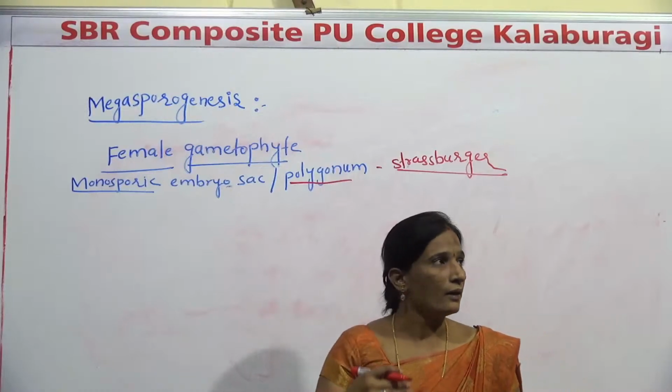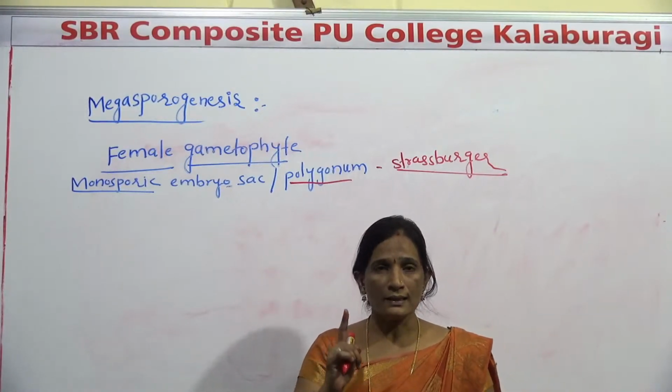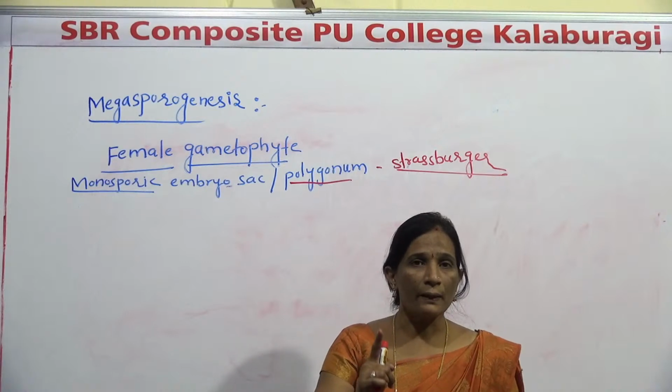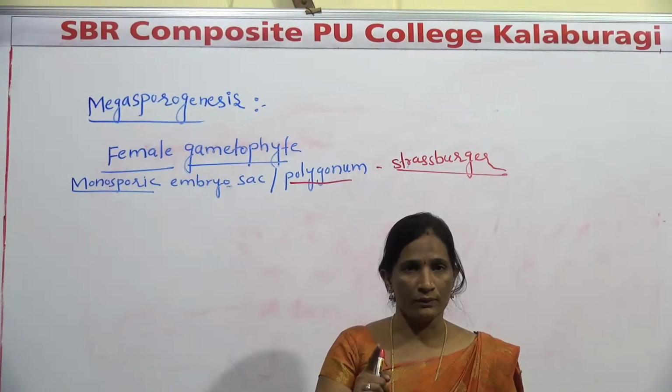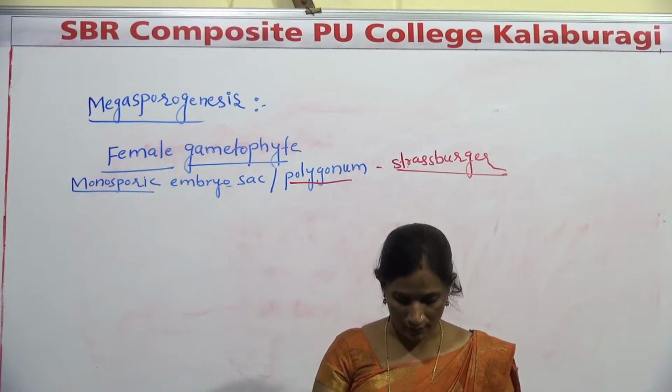Already I told you what is meant by the monosporic type of embryo sac. When a single megaspore takes part in the development of the embryo sac, it is called monosporic.